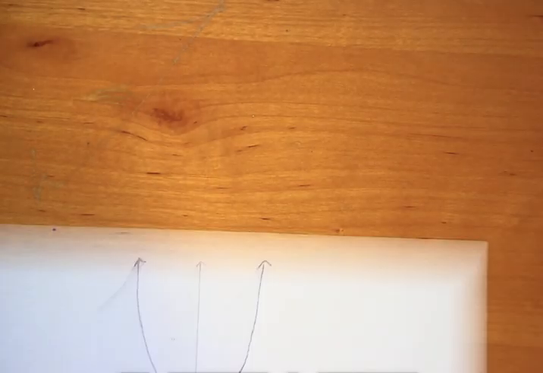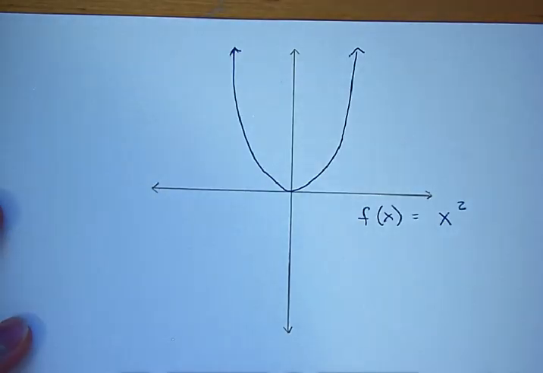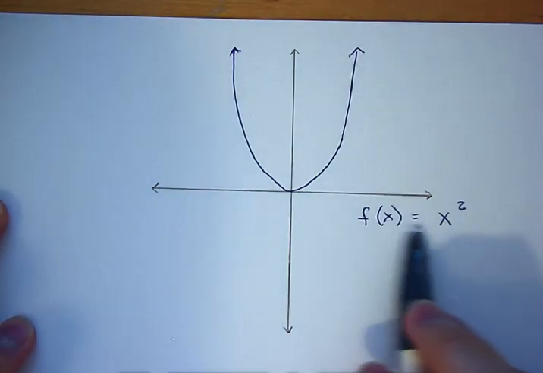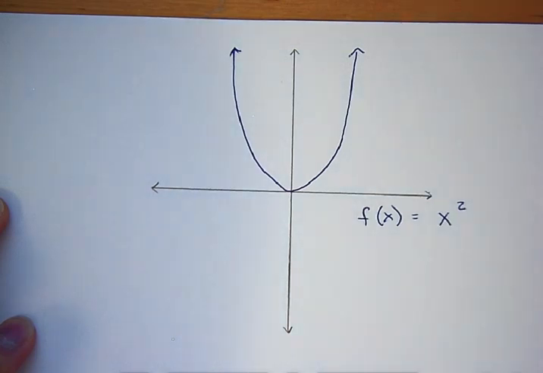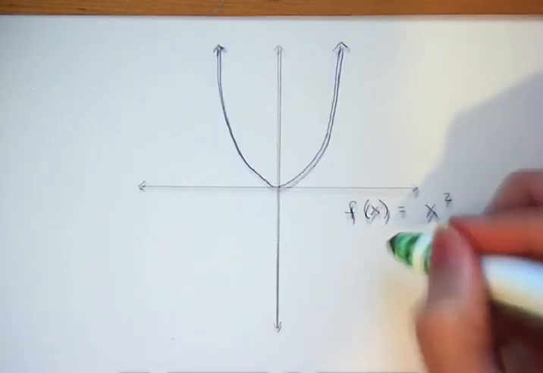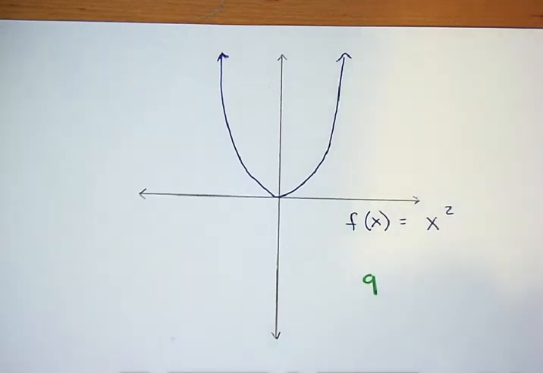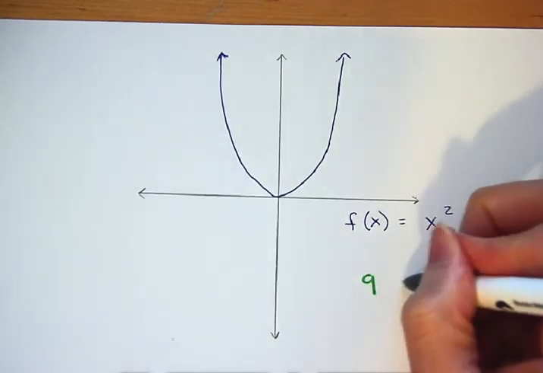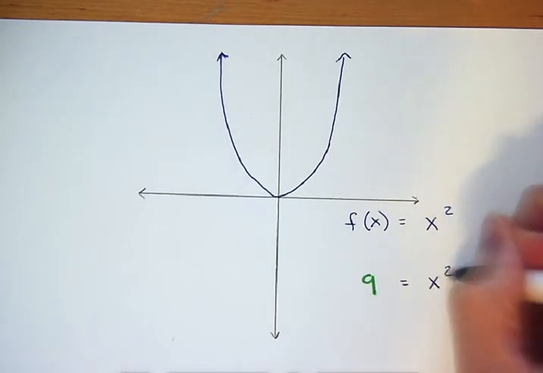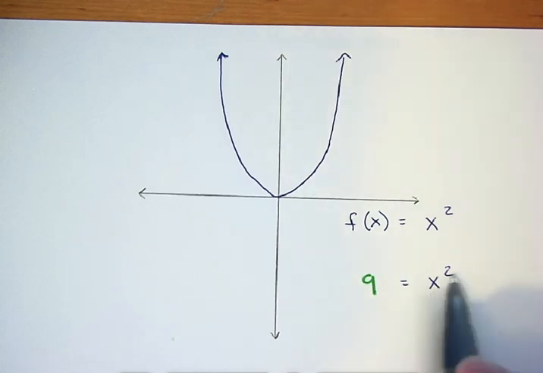So here is the graph for f of x equals x squared. Now, in our question we were doing earlier, it said 9 equals x squared. Or technically I wrote x squared equals 9.